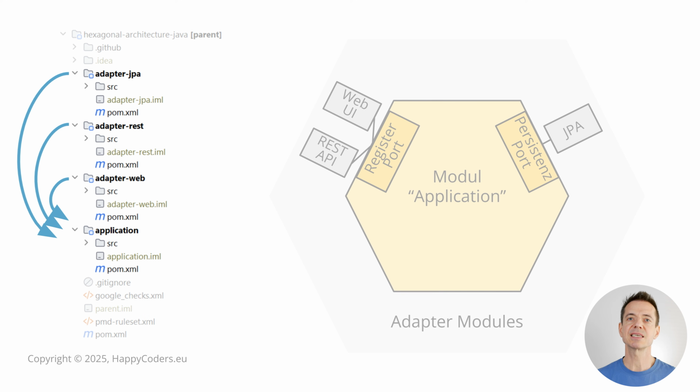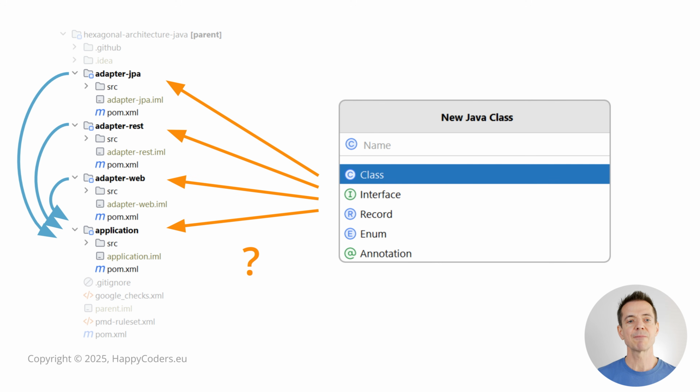We define the dependencies between the modules according to the dependency rule. This ensures that no technical dependencies leak into the core and that we can clearly localize all responsibilities in the code. Because now, when creating a new class, we have to think very carefully about which module it belongs to.